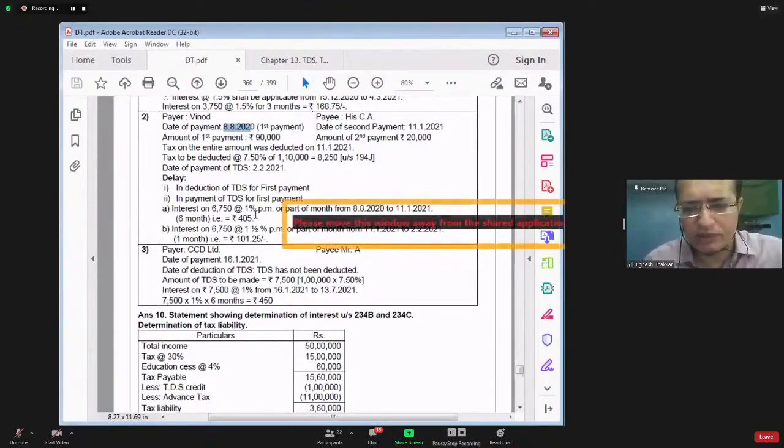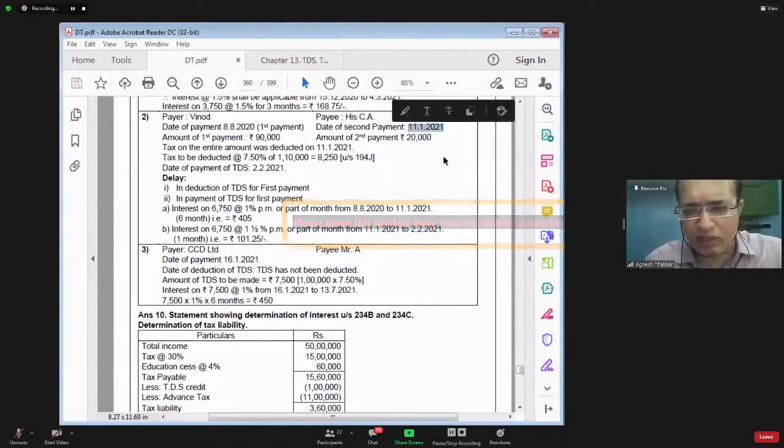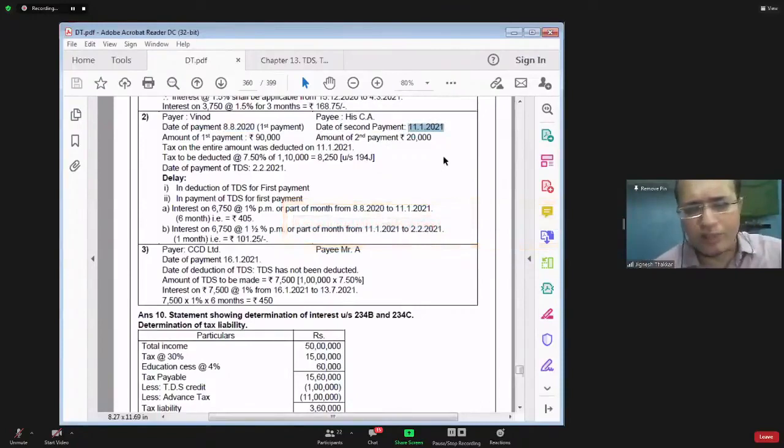So how many months? The TDS was required to be deducted on 8th August, but it was actually deducted on which day? 11th January, yes or no? So you have to calculate the period from 8th August to 11th January.